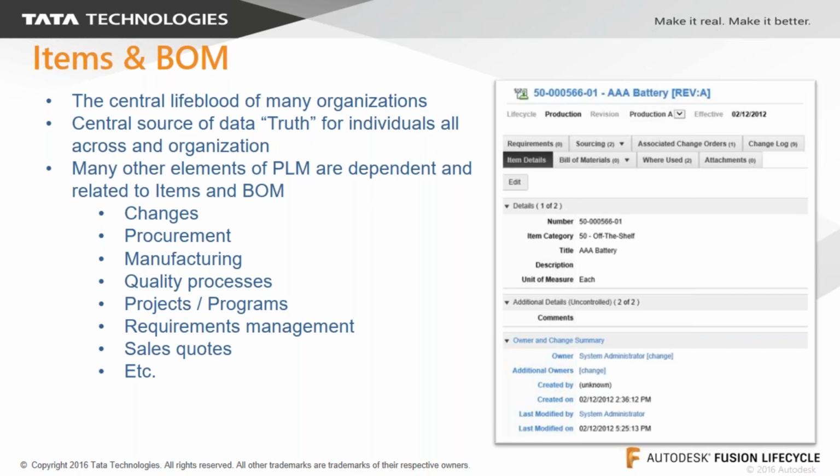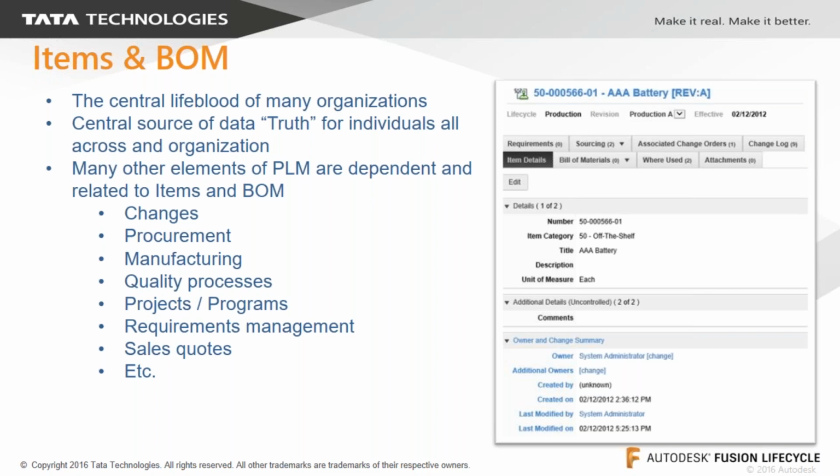Some companies even go so far as to manage requirements of the product they're delivering, especially if they've got a very stringent OEM that has very specific criteria for a supplier. And finally, something like sales quotes even. It can be much easier to estimate and quote a product if you have a history of a bill of materials and the relative pricing structure of past projects or programs you've worked on. So that's just a little bit of an overview of items and BOMs in general.